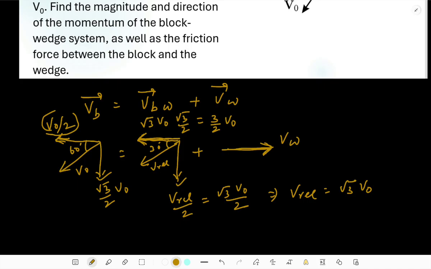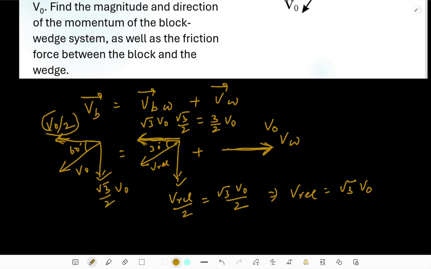I was correct about the velocity of the wedge, and I get this value as v0, because 3 by 2 v0 towards right plus v0 by 2 towards left gives me the velocity of the wedge, that is v0. So wedge velocity is simply v0. I got all of them.